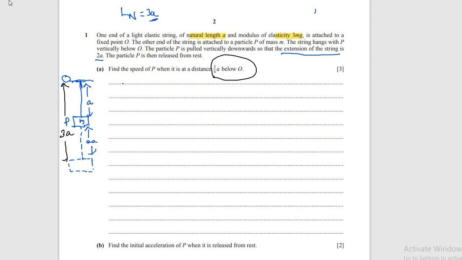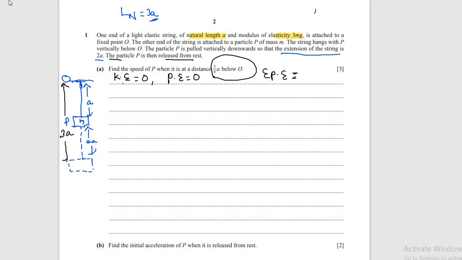Now initially, look at the statement: the particle P is then released from rest. Initially it is at rest. Kinetic energy was 0, and there is no increase in height. But the string has elastic potential energy.